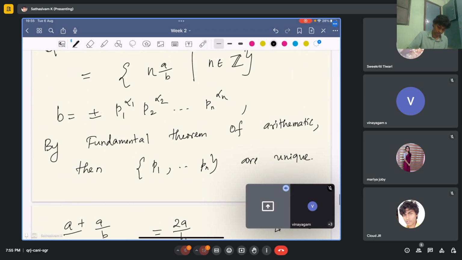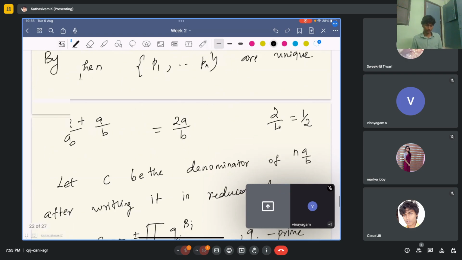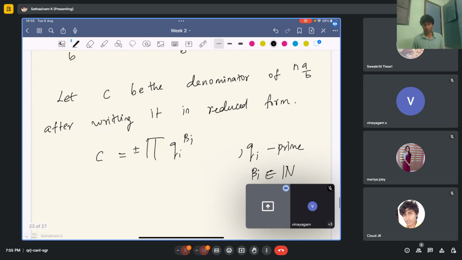Here also, this is p_i prime, and alpha_i belongs to the natural numbers. So what can you say about this q_i? That's the question. Once you figure that out, then you are almost done.